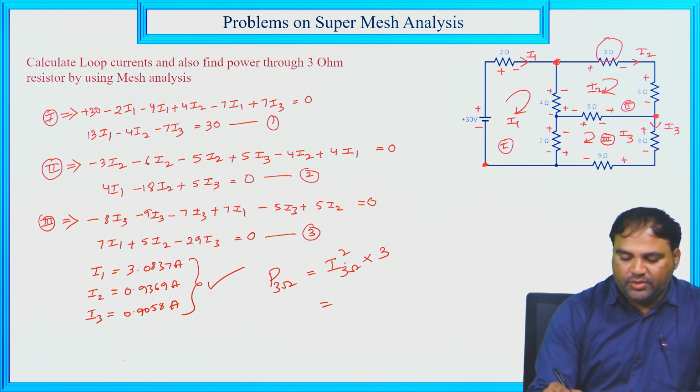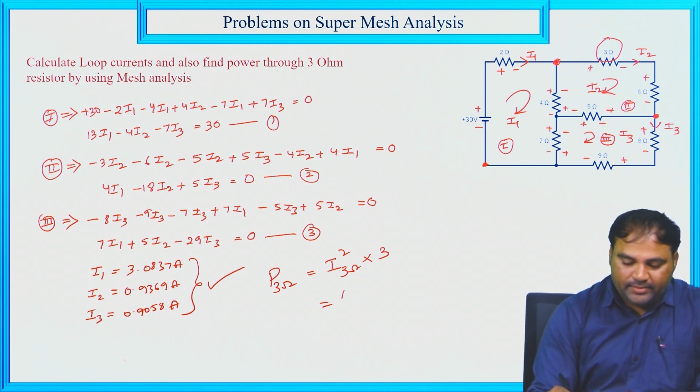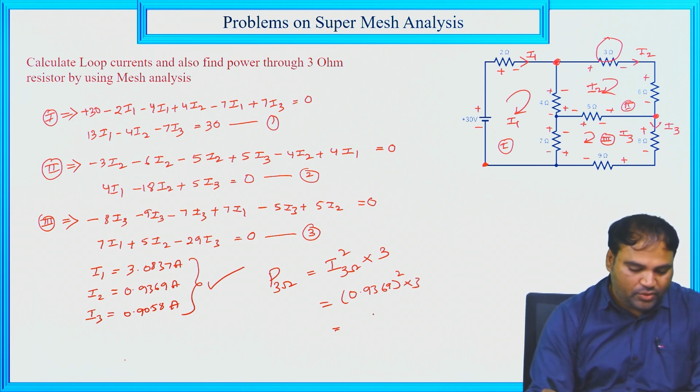The current through 3 ohm is nothing but I2. So what is I2 here? 0.9369 whole squared times 3. By solving this, we get 2.633 watts.